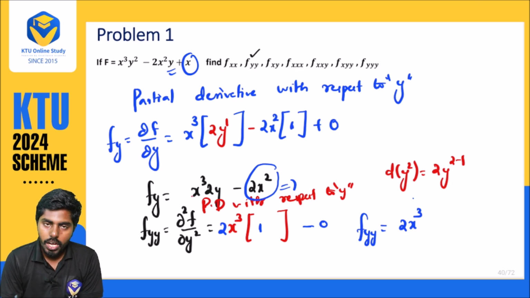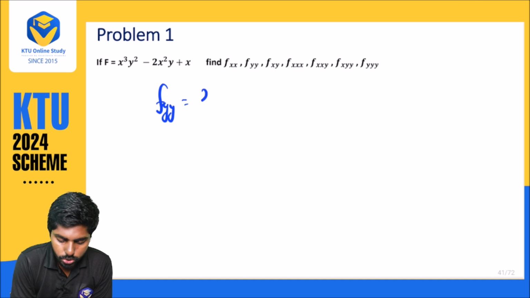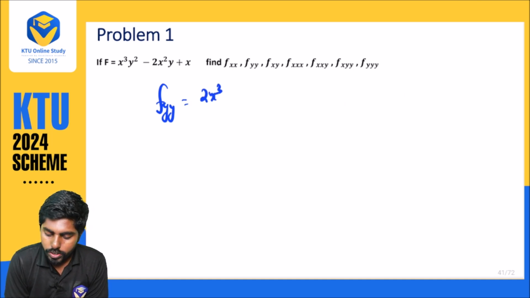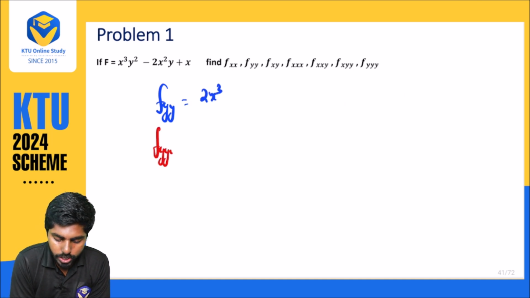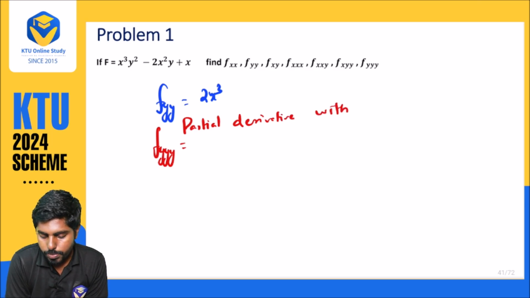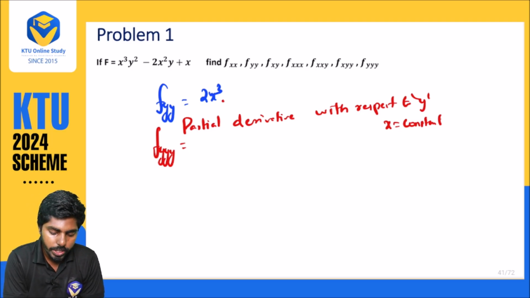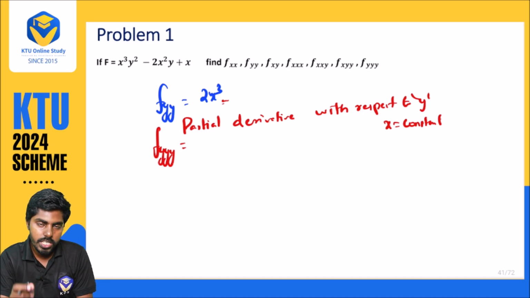So what will be f of y comma y comma y? Again taking the partial derivative with respect to y, treating x as constant. When you look at this value, 2x cube, we can say it is constant because x is a constant.